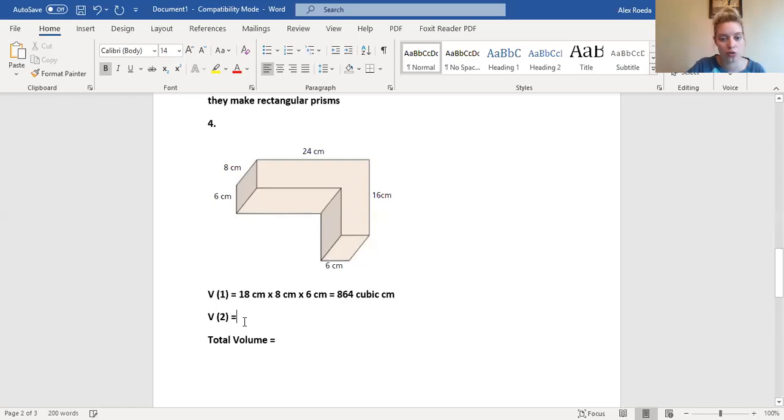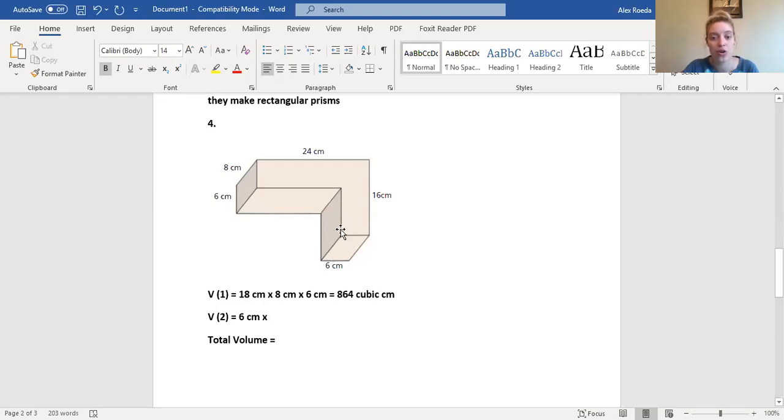Now moving on to prism 2. Remember I split that there. So I have to see, do I have a length? Do I have a width? Do I have a height? Well, I do have a length. My length is 6 centimeters. Now I need to look for my width. This value here is going to represent my width.